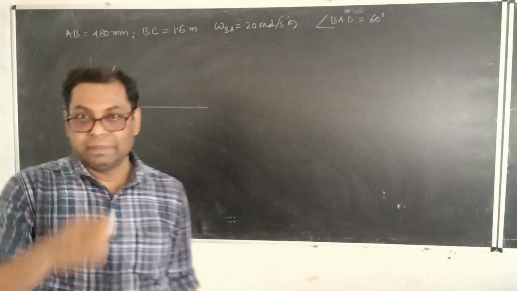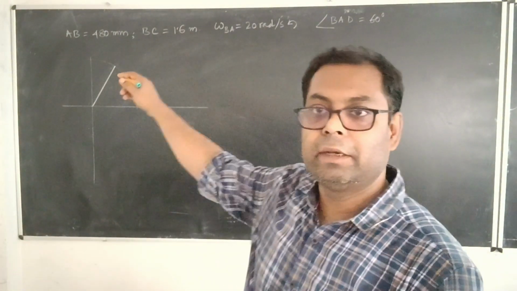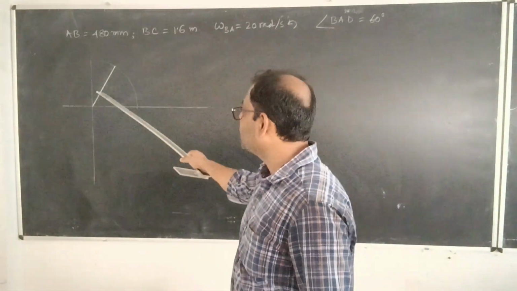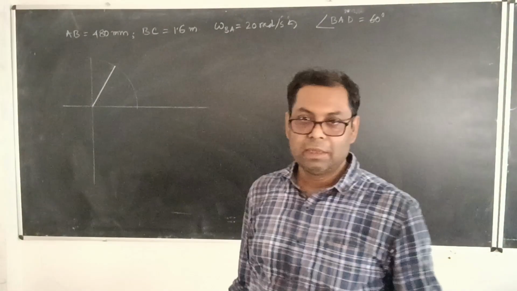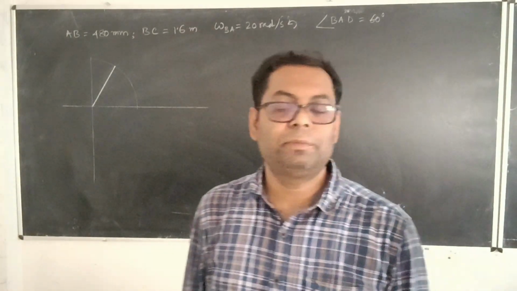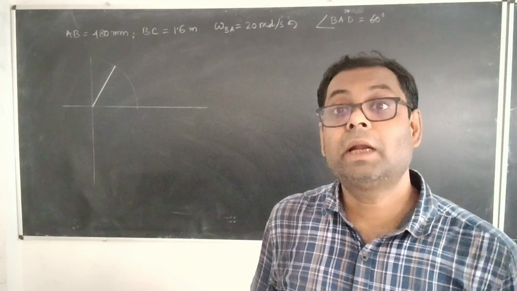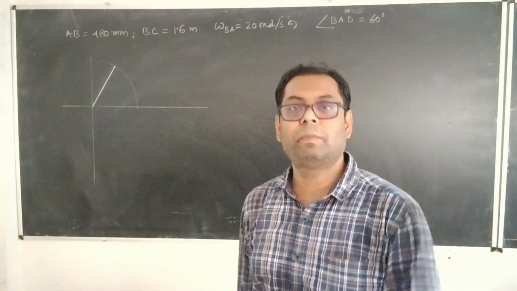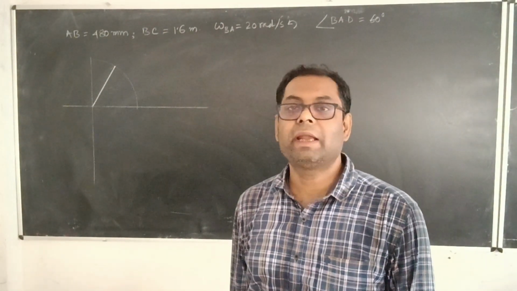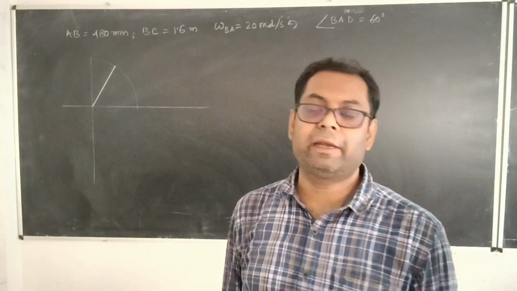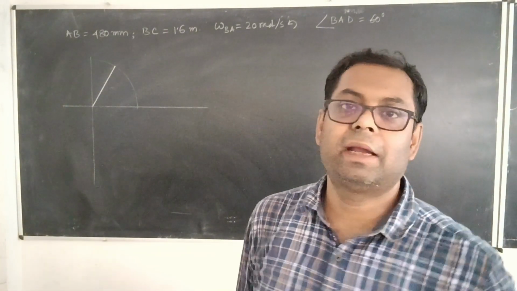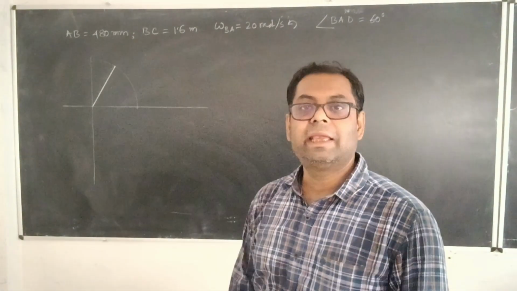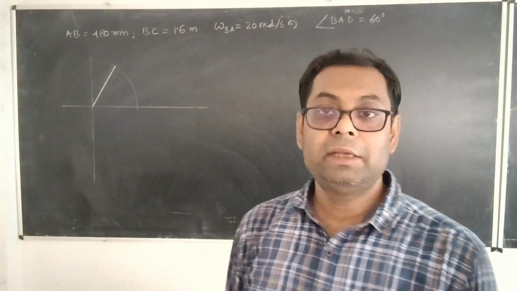Okay, so this straight line which I have drawn is making an angle of 60 degree with the horizontal, that means this angle is 60 degree, and the length, how much I have to take? See, 480 millimeter of length, that you cannot draw in your copy. So what you can do, you can take a suitable scaling factor for this space diagram, and you can use a scale of 1:20.